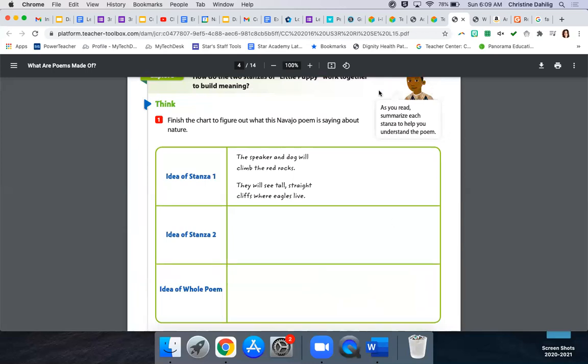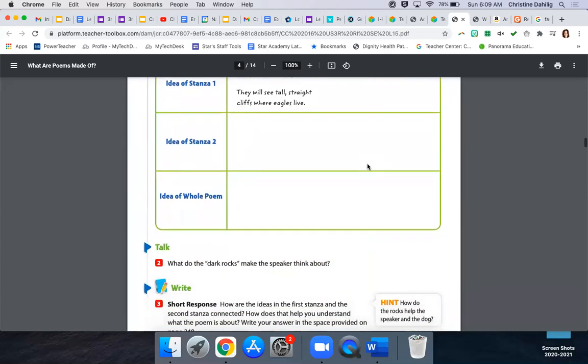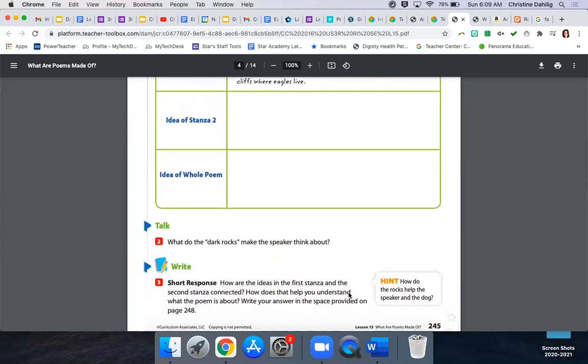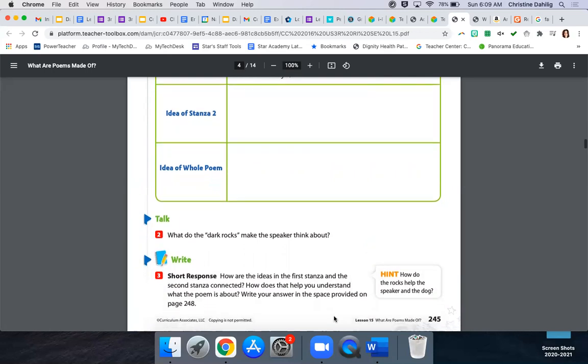And so something to think about. As you read, summarize each stanza to help you understand the poem. You are also going to have an opportunity to offer a short response. And it goes on to say, how are the ideas in the first stanza and the second stanza connected?